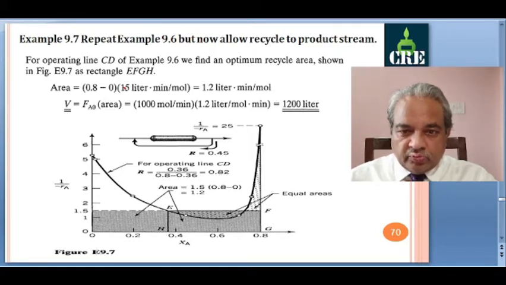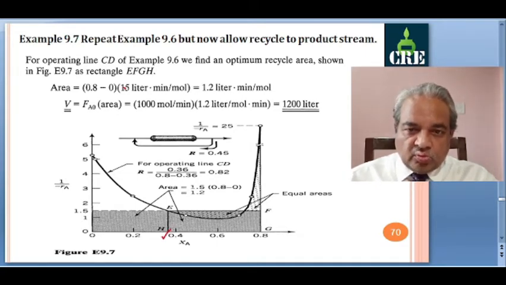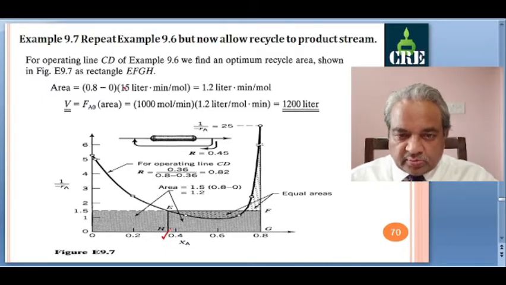So here with this curve you can see up to this point, you will operate it as plug flow reactor, and that point is located at XA is equal to 0.36. Okay, XA is equal to 0.36 here.